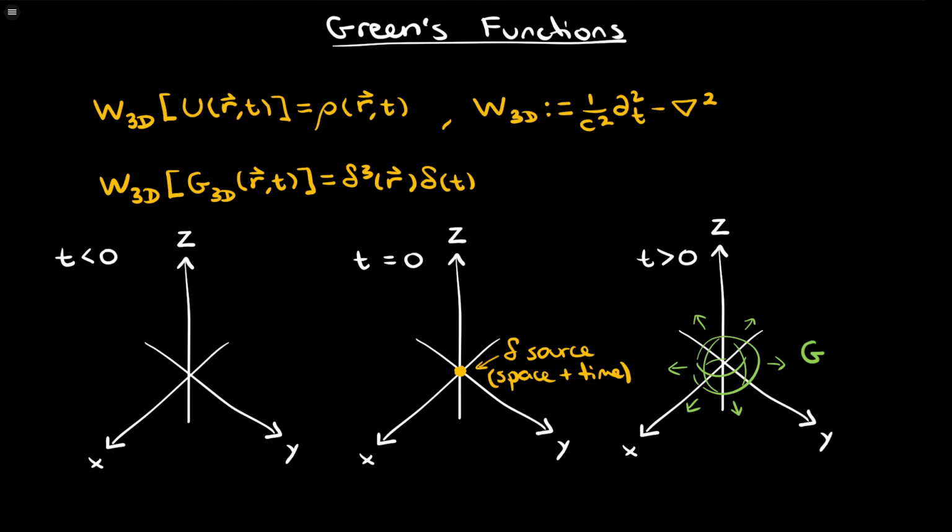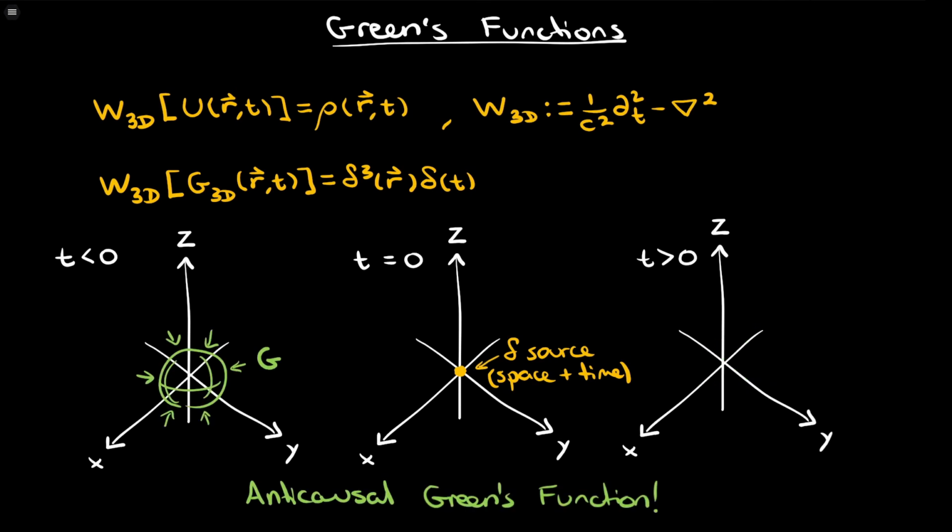We imagine that a causal Green's function would be 0 before the delta function source, and after which a disturbance would propagate spherically outward. This Green's function would be based on causal initial conditions, but we could equally impose anti-causal initial conditions, where the Green's function would be some sort of disturbance propagating inwards towards the origin, at which point, at t equals 0, it would vanish.